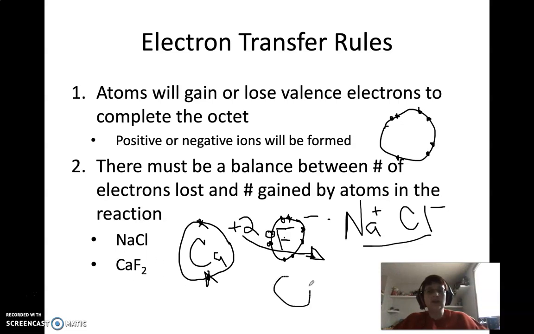We'd actually need a second fluorine down here. That is a negative. Now we've got 2 negative charges to 1 +2 positive charge. Now we've got a balanced ionic compound, and this is going to be our new ionic compound.